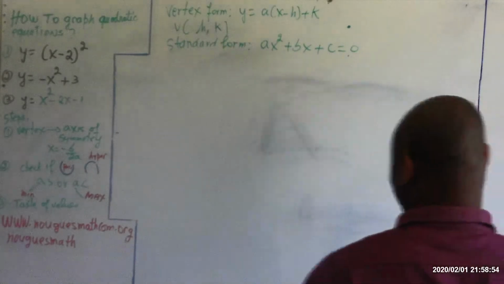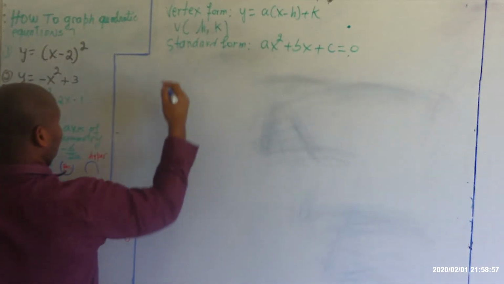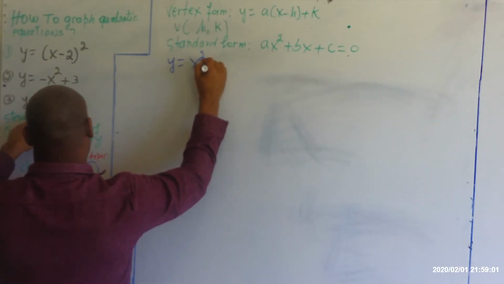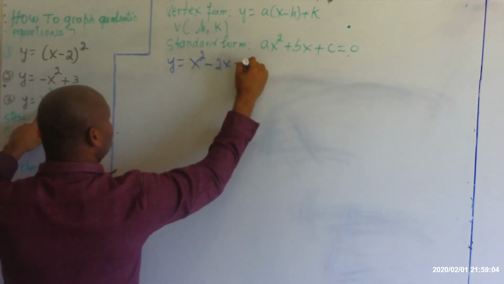Okay, let's start. For the standard form, y equals x squared minus 2x minus 1.